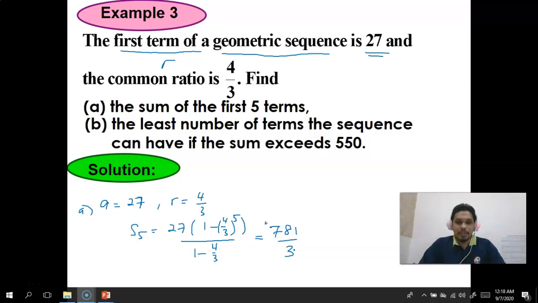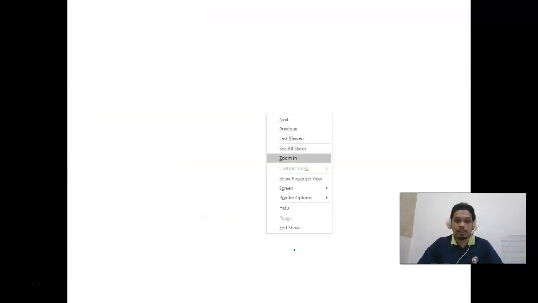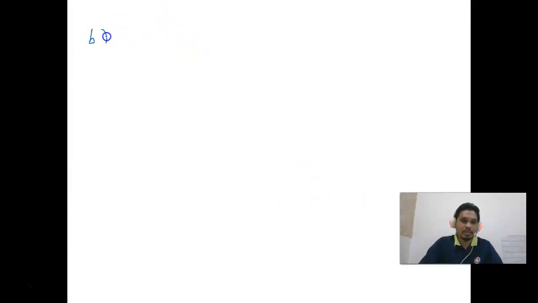And now let's find the solution of question B. Find the least number of terms of the sequence if the sum exceeds 550.